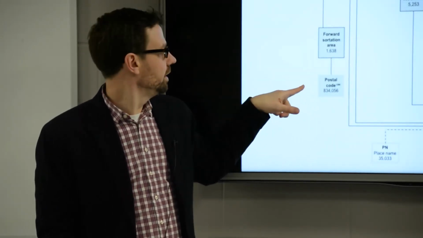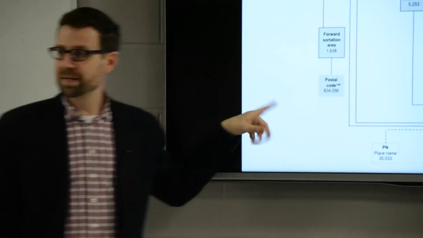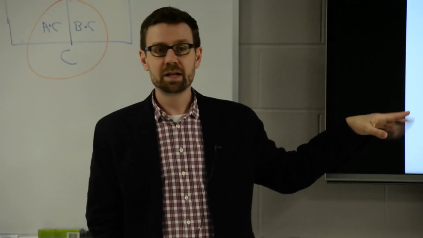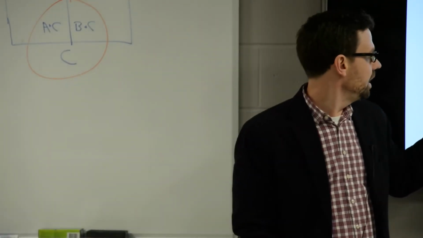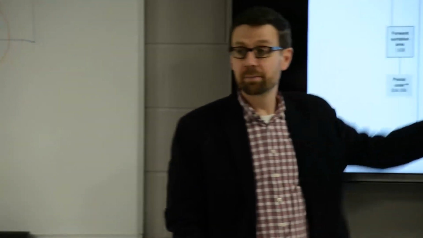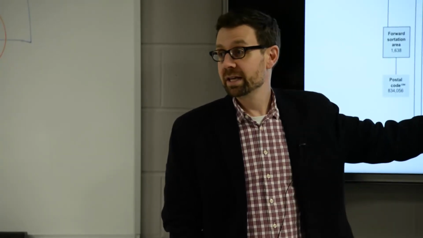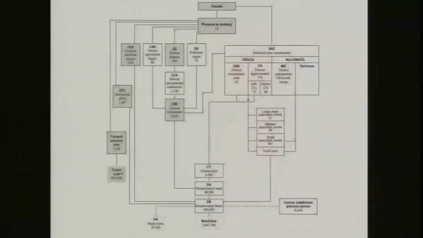So using a piece of software we have called PCCF plus, we can say which dissemination area a postal code is related to and what the income quintile of that postal code is based on its dissemination area. So it's calculated at the DA level, or we calculate it at the CT level, various ways. There are different ways of calculating an income quintile.